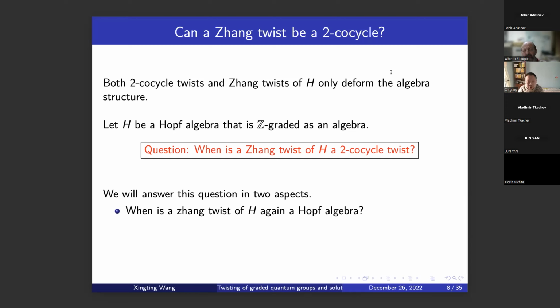So the first question we need to answer is when a Zhang twist of a Hopf algebra still possesses a Hopf structure. And after that condition, we can ask whether this new Hopf algebra can be realized by a two-cocycle. If so, how can we write the two-cocycle twist explicitly? And that is the main concern of our talk. And we'll see some partial answers right after this.